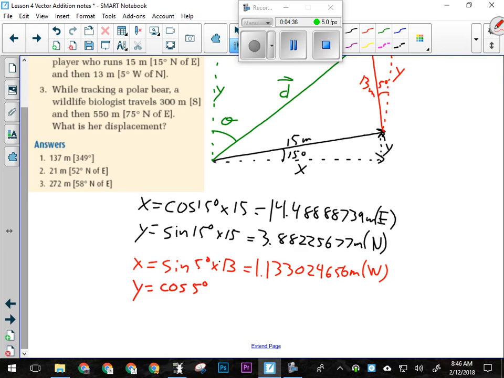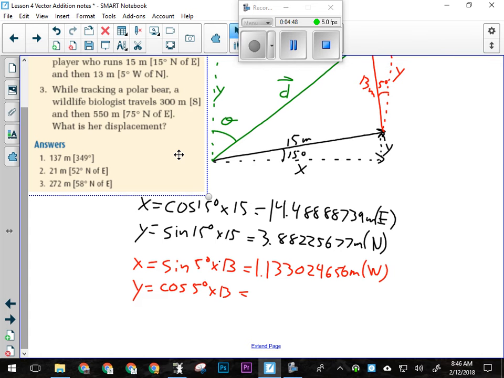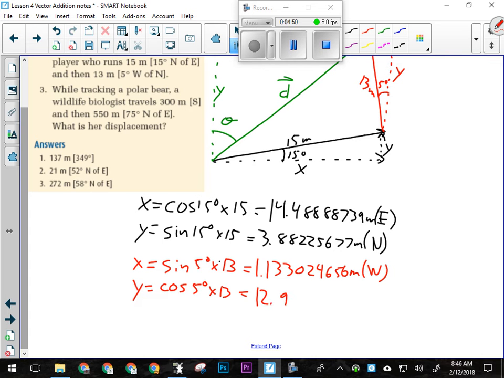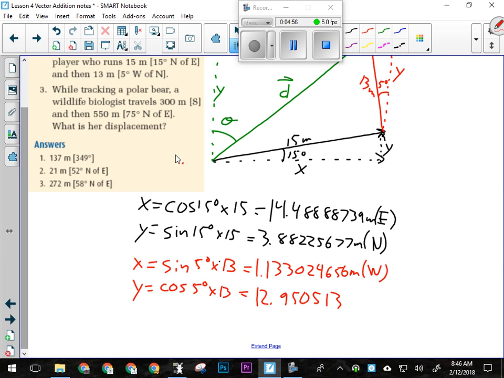So cos of 5 degrees times 13, so it'll be quite large by comparison. All right, so 12.9505108 meters, and that'll be north.